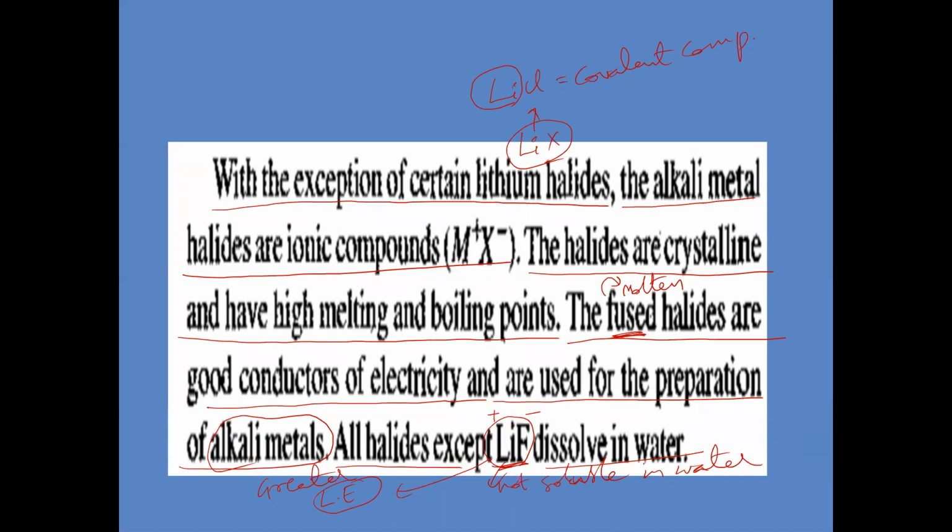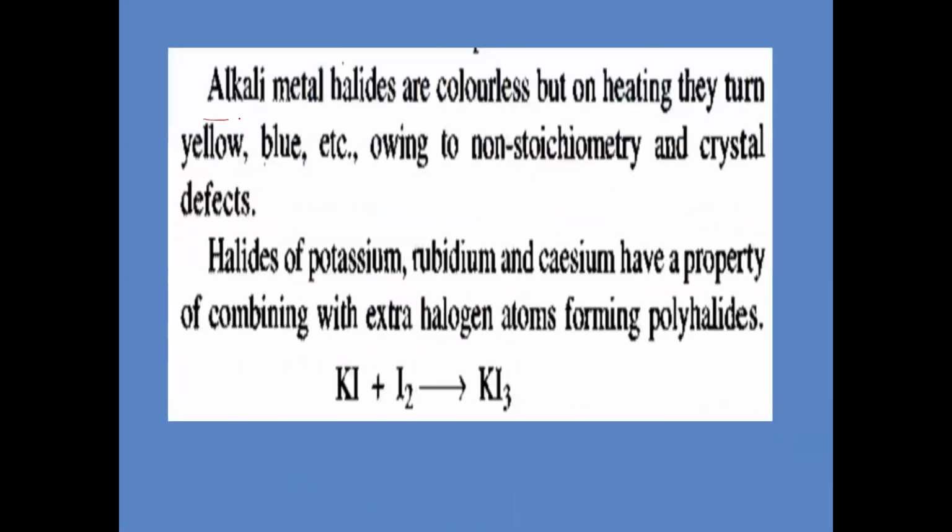Okay. Next. Alkali metal halides are colorless. Colorless means we always recall there are no unpaired electrons. But on heating, they turn yellow, sometimes blue, due to non-stoichiometry and crystal defects.